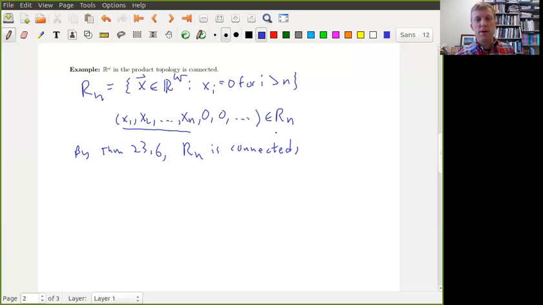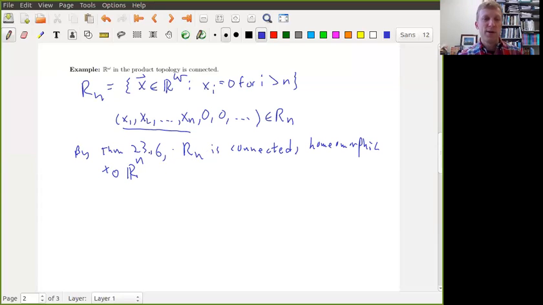So this capital Rn is basically homeomorphic to R to the n. Maybe it's an unfortunate name here: this is R sub n, and that is R to the n.